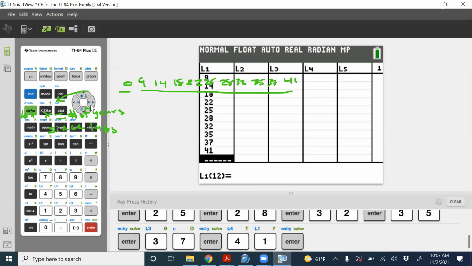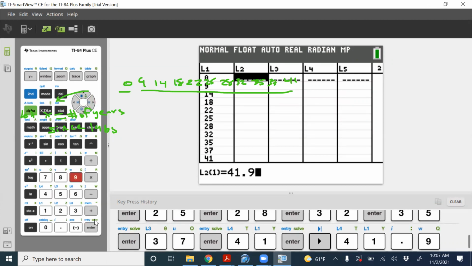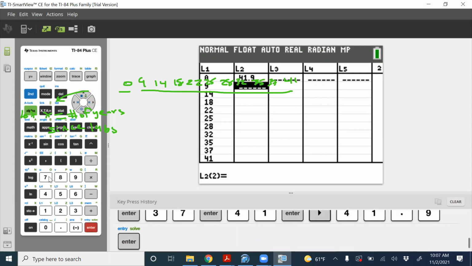Then I go to the next column, 41.9, 37, 33.3.